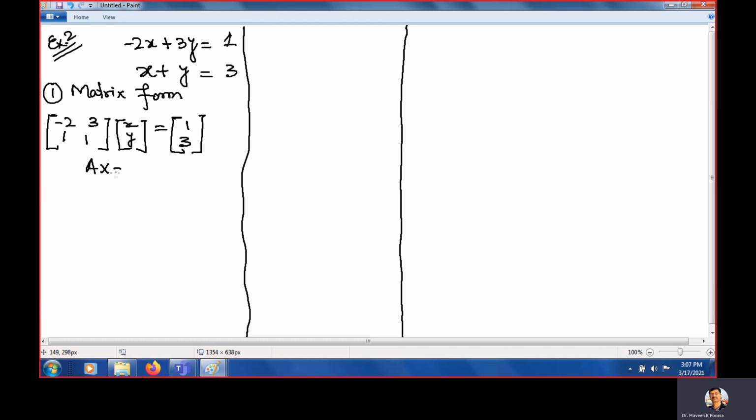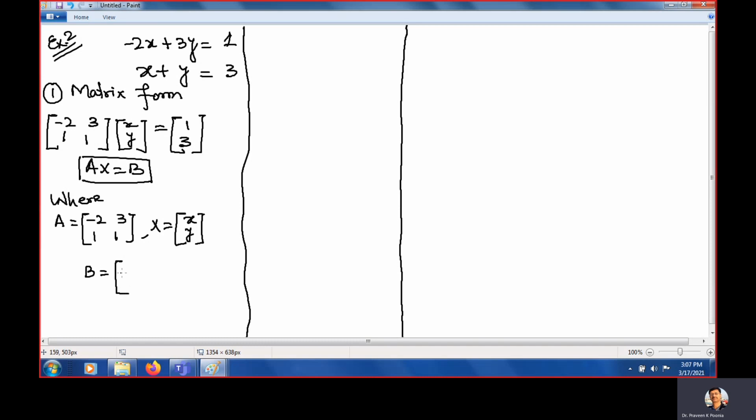This is A, this is X, this is B. Clear? So, write what is A, what is B, what is X. Always try to write it. It gives a positive impression to the teacher that you know everything about the matrix form.